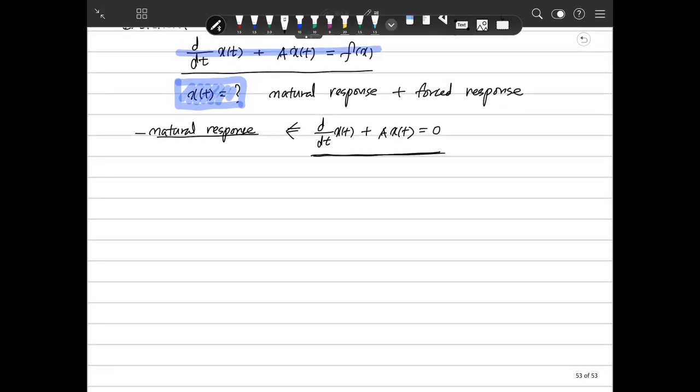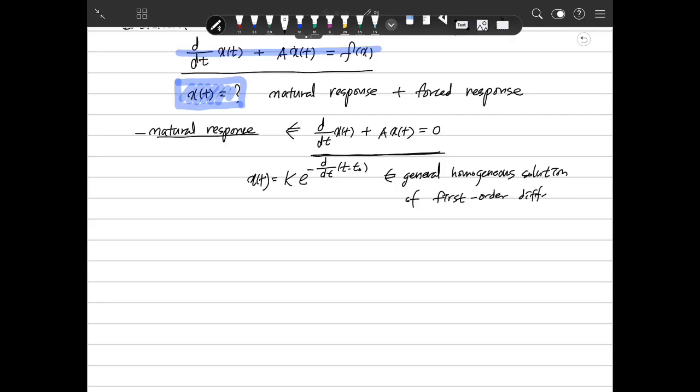So in this case, we define x(t) as K exponential of minus (t minus t0) over tau. This is a general homogeneous solution of a first order differential equation, so we can choose it.